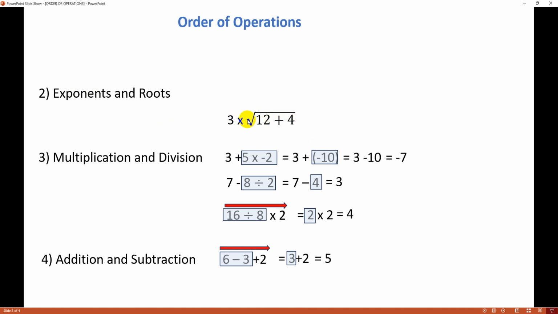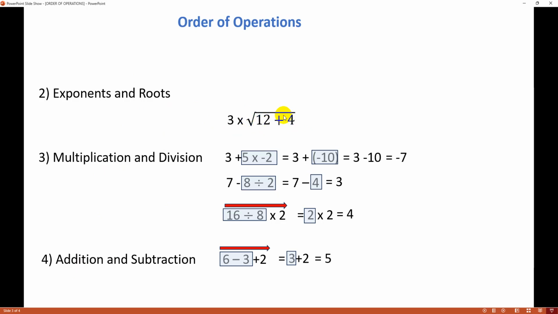We have multiplication, a square root, and addition. So according to the rule, we should start trying to do the root first before we do multiplication or before we do addition. However, in this example here, we cannot do that. We cannot square root 12 plus 4. Before doing that, we have to actually add 12 plus 4.